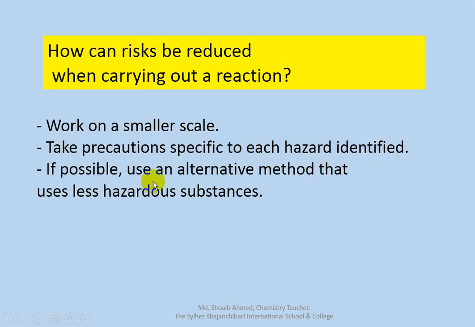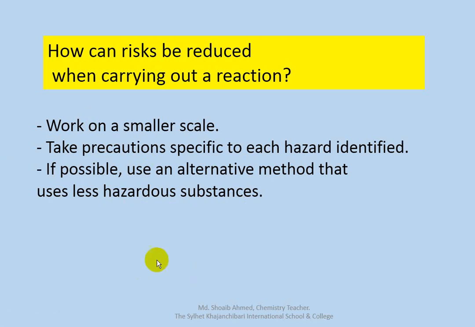Okay, if possible, use an alternative method that uses a less hazardous substance. Like benzene: if you want to use benzene as a solvent, you can use carbon tetrachloride solvent instead of benzene.